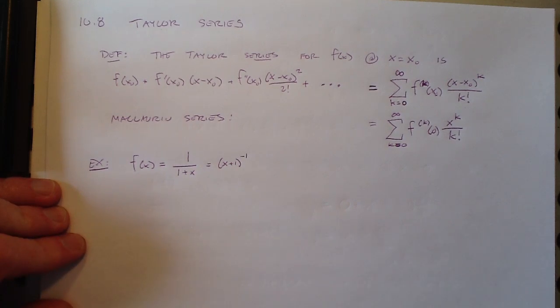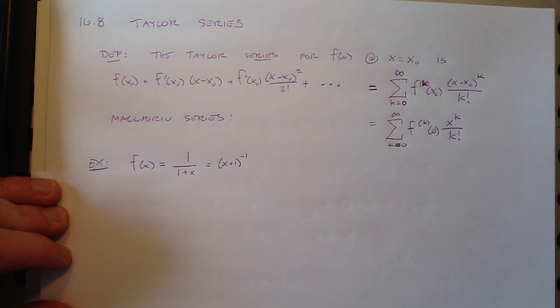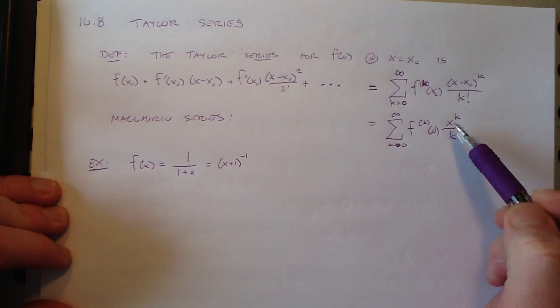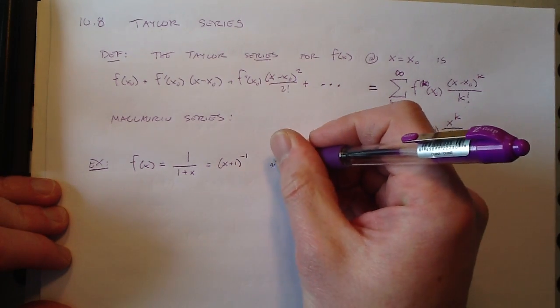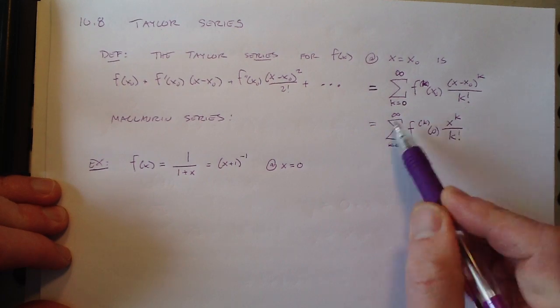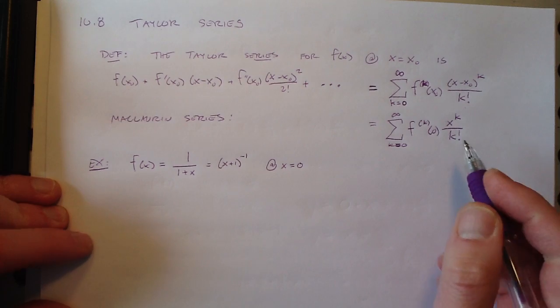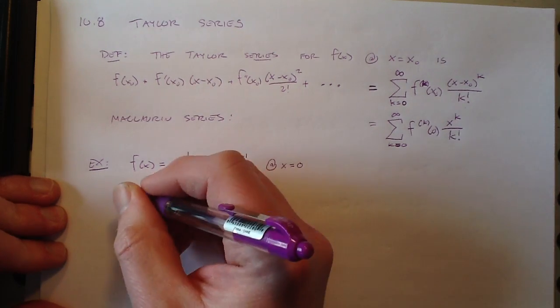We'll talk more about recognizing these series later on. But let's say we didn't recognize anything and we actually had to take the derivatives. We're going to do it at x equals 0. We would like to be able to write this. Okay, so let's see if we can take a few derivatives and recognize some kind of pattern.